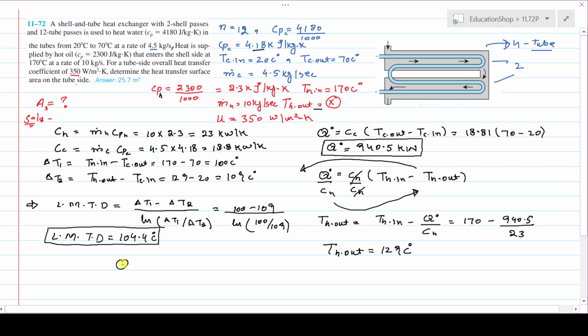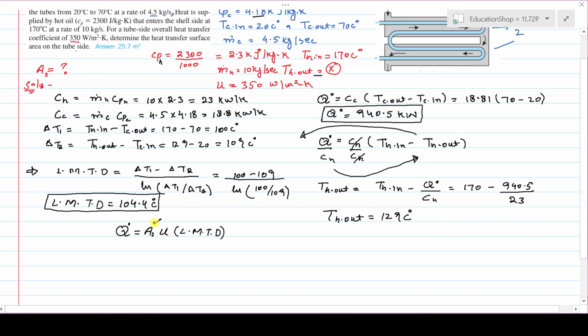We also know that Q dot is equal to A, the surface area, times U times the log mean temperature difference. We are interested to find this value. Divide both sides by U and LMTD. These will cancel out with each other, and we can say that the surface area is equal to Q dot divided by U and LMTD.